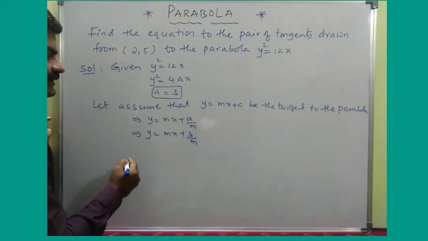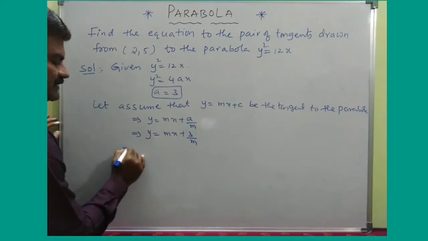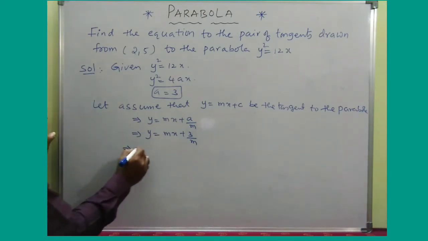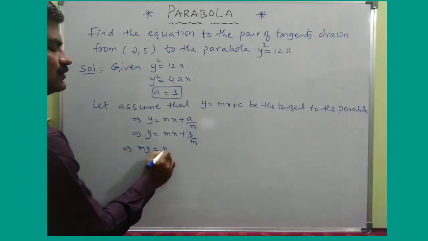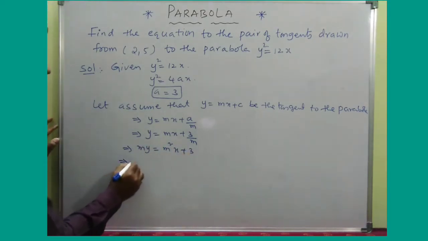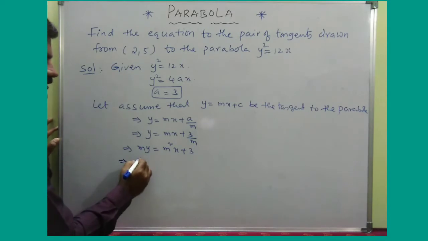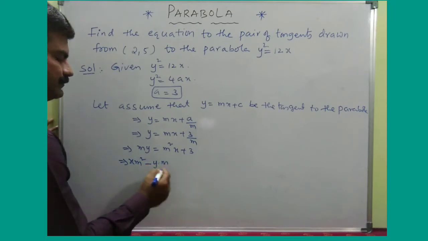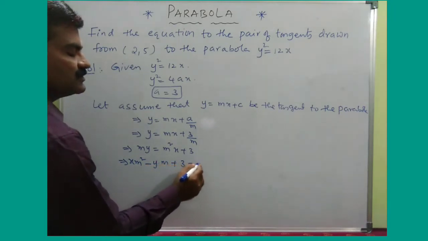Fine. And after going for LCM, my is equal to m square x plus 3. So this I can arrange as x into m square minus y into m plus 3 is equal to 0.